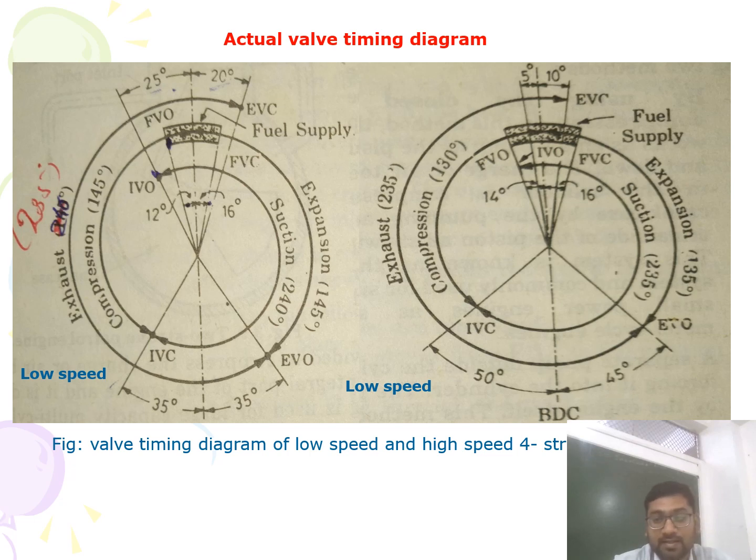The right side figure indicates the high speed engine valve timing diagram for the four-stroke diesel engine. A little plus or minus in degrees will be there for better operation and optimization of performance. So this is the valve timing diagram of the four-stroke diesel engine.